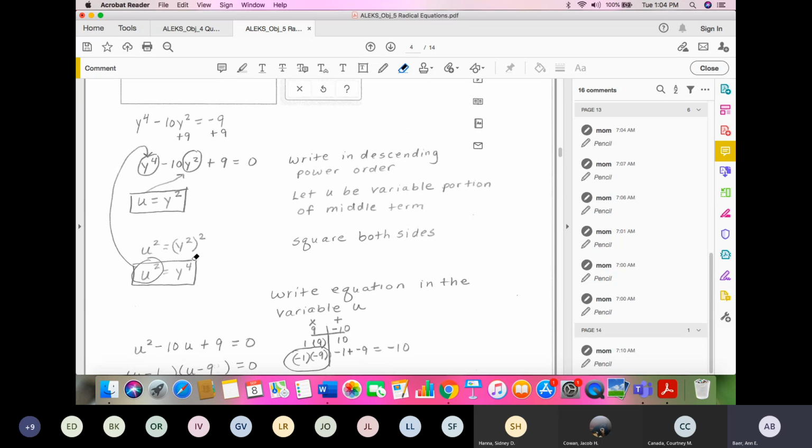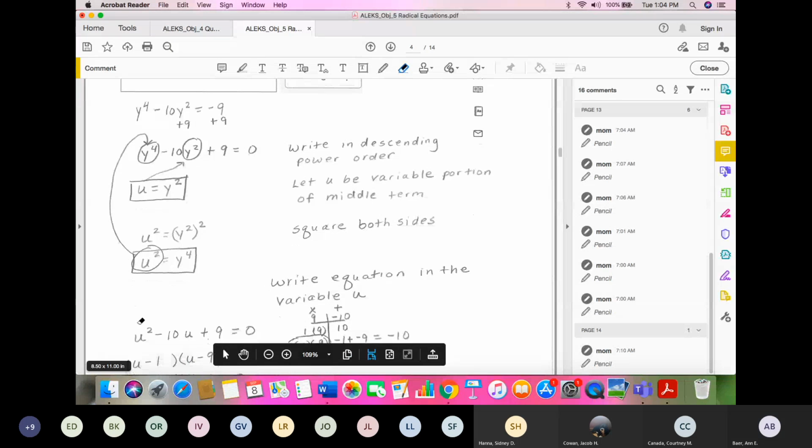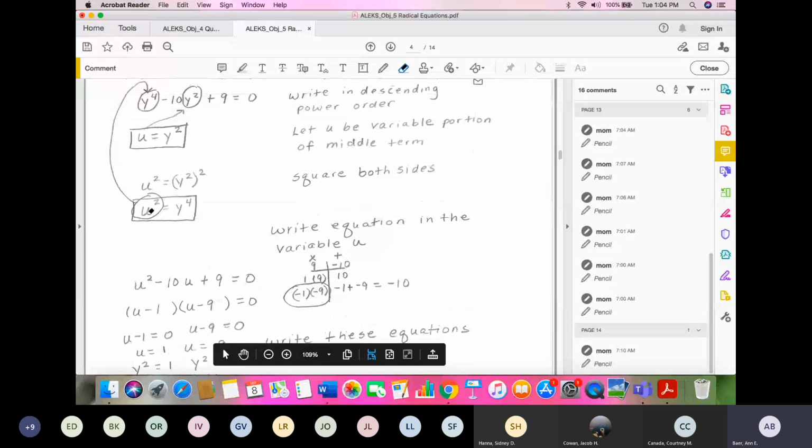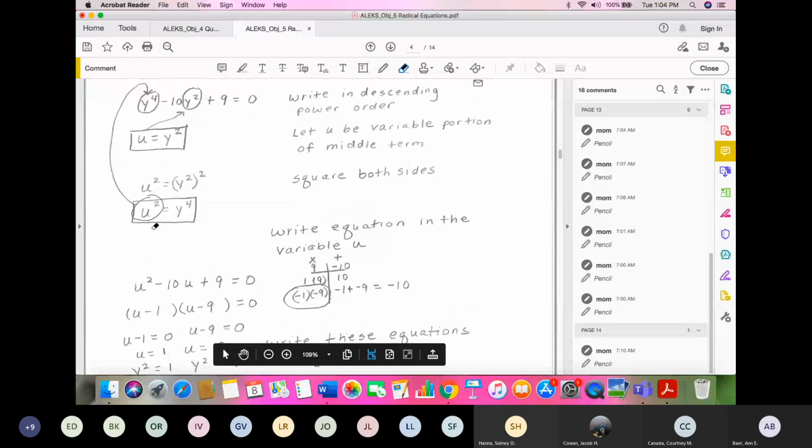So we're going to go back to our original equation here and plug in what we can. Y to the fourth is equal to u squared. So we take out this y to the fourth and we replace it by u squared. And we get this. Minus 10, that coefficient is staying, minus 10. And now we've got a y squared here, and what do we put in for y squared?